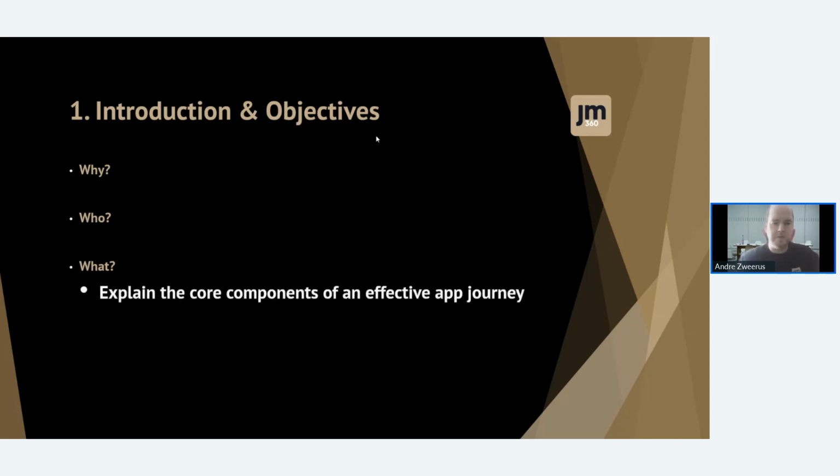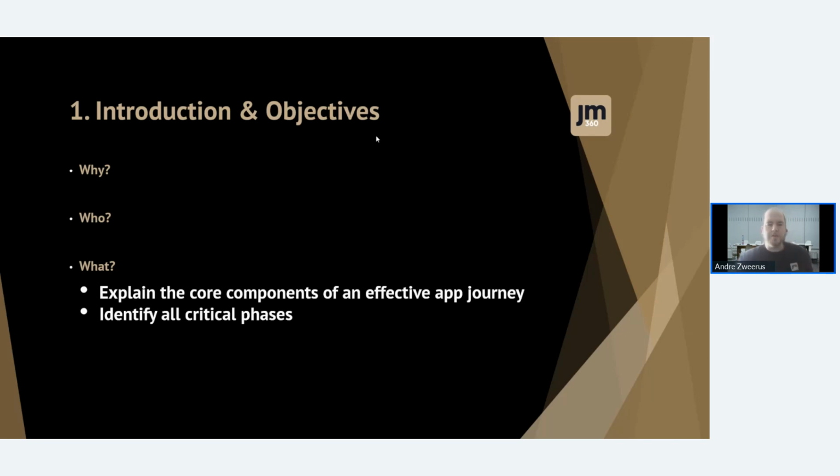So what are we going to do? First off, we're going to explain the core components of an effective app journey. So apart from each individual phase, I want to give you a bit of a basic blueprint that will help you, and it's basically a solid reminder for when you're working on your customer journey to always have those core components included every step of the way.